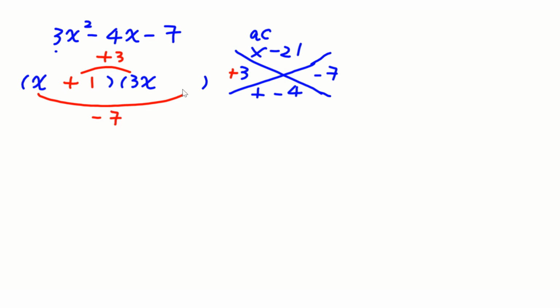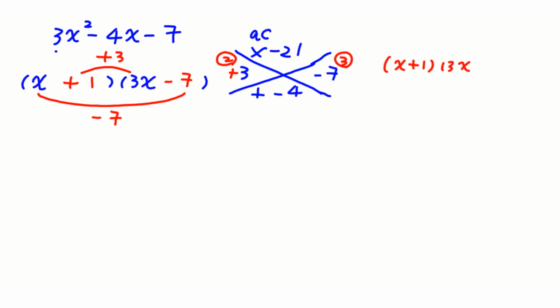So 1 times a number equals negative 7 is negative 7. So by doing the cross multiply, these two numbers equal the number that you got from the times together, equals AC, added together equals negative 4, then you are able to find those two numbers quickly. So x plus 1, 3x minus 7.